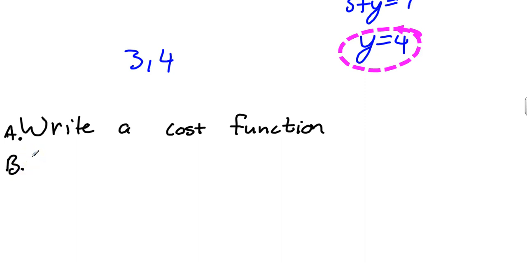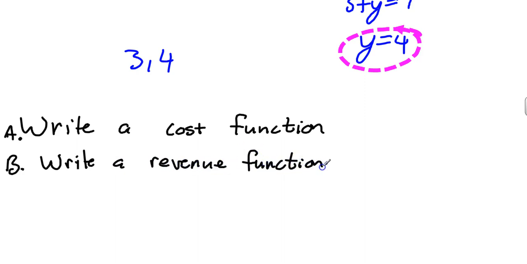They're going to ask you to write a cost function. They're going to ask you to write a revenue function. And then they're going to tell you to determine the break-even point.